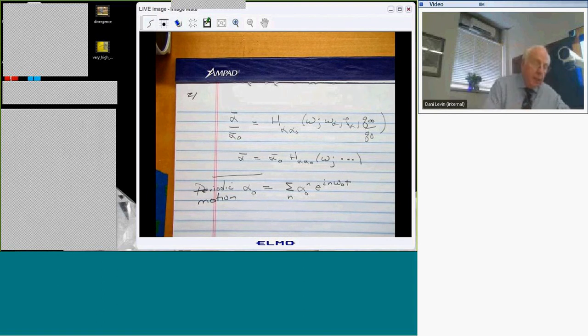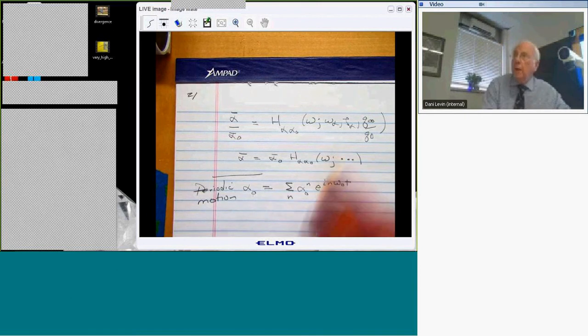And if I only have one term in this series, i.e. n equals 1, it all goes back to what I had before. But now I wanted to have lots of terms. Why? Because any periodic motion can be represented, any periodic function of time, including a periodic motion, can be represented in this way.